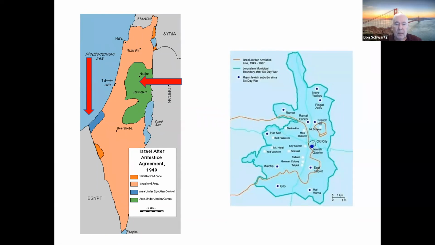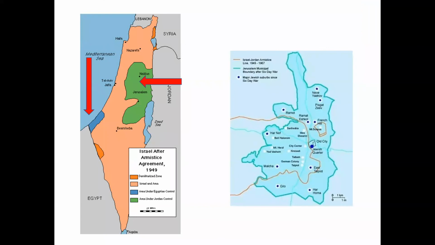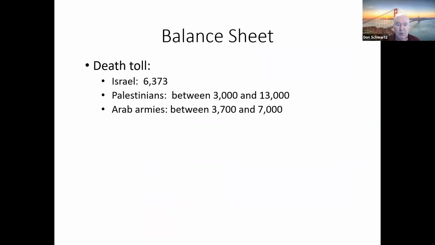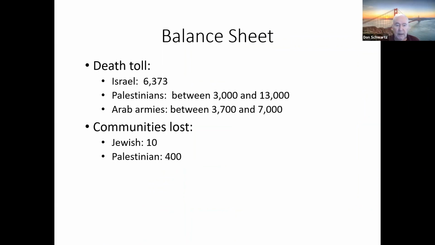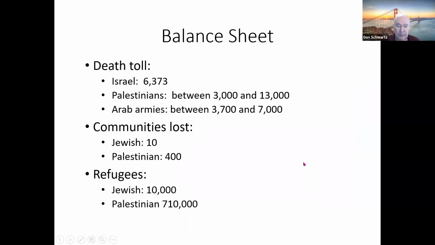Now, if we look at this balance sheet of the War of Independence, Israel lost 6,373 lives, while Palestinians lost between 3,000 and 13,000, and Arab armies between 3,700 and 7,000 lives. There were 10 Jewish communities that were lost in the War of Independence and 400 Palestinian communities.